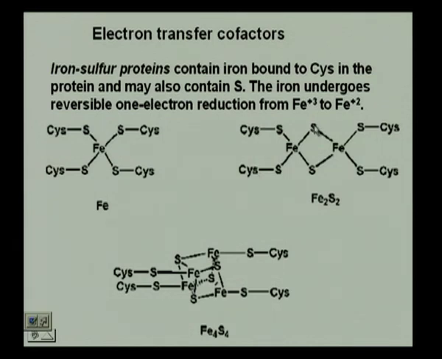And the iron itself can undergo a reversible 1 electron reduction from Fe3 plus to Fe2 plus. So, you understand how this can be important when we are considering electron transfer. We have a system that can take in an electron, and once Fe3 plus does take in an electron, it will convert itself to Fe2 plus.